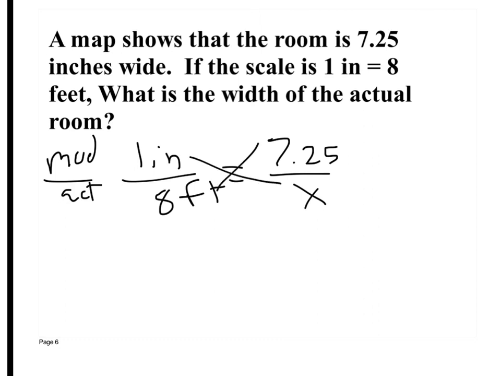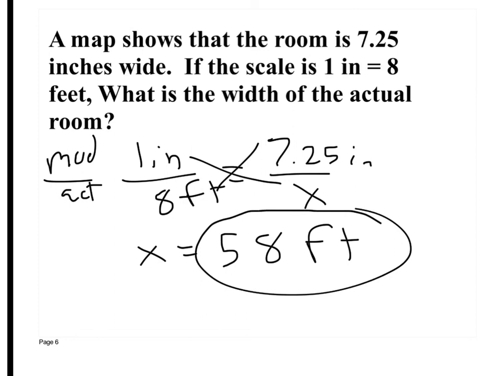We cross multiply. 1 times x is just x. 7.25 times 8 comes out to 58. You need to think about the units. The model is in inches, the actual is in feet. So this is 58 feet. And there's my answer.